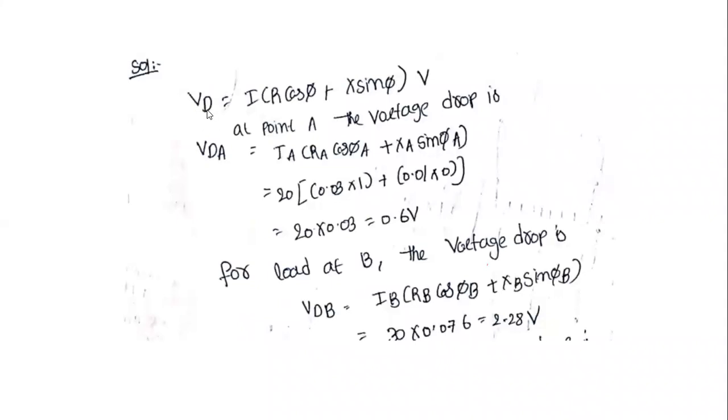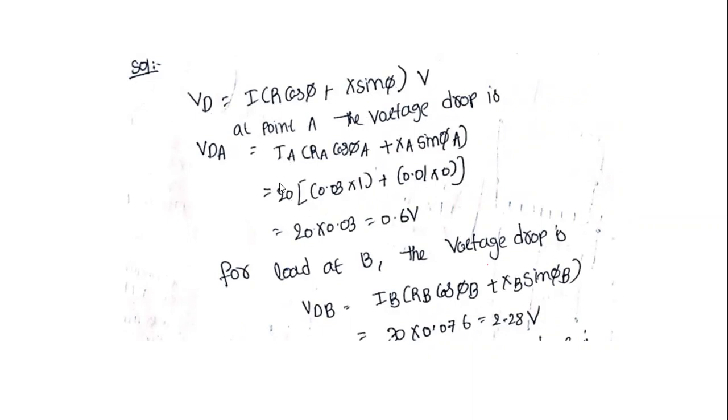First, we calculate the VD value. What is the VD formula? That is I into (R cos phi plus X sin phi). Then VDA, the voltage drop at point A, is equal to IA into (RA cos phi A plus XA sin phi A).